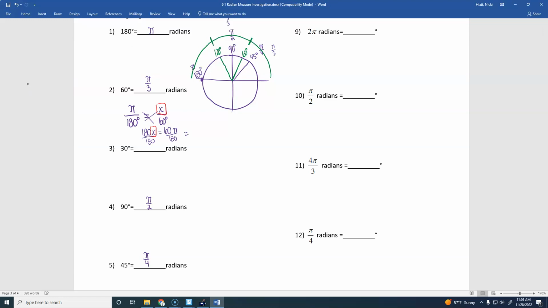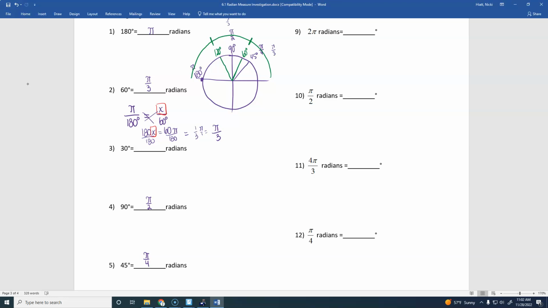And 60 over 180 reduces to 1/3. So you've got 1/3 pi, which we're typically going to see written as pi over 3, because that pi is like it's over 1, and you can multiply those. So that is another option.